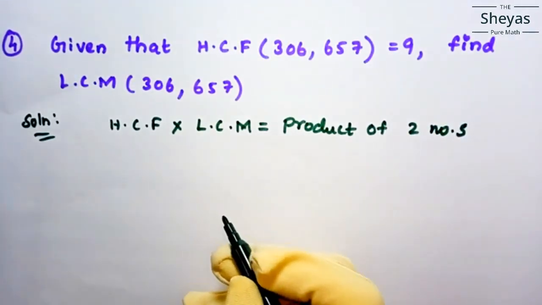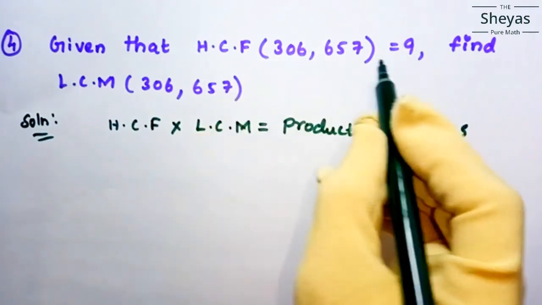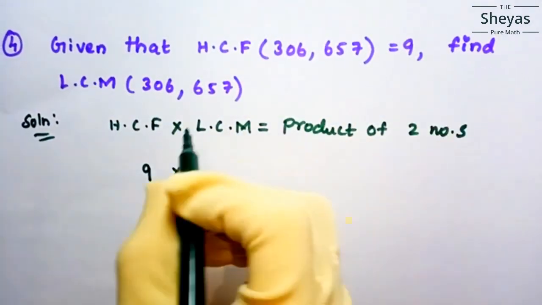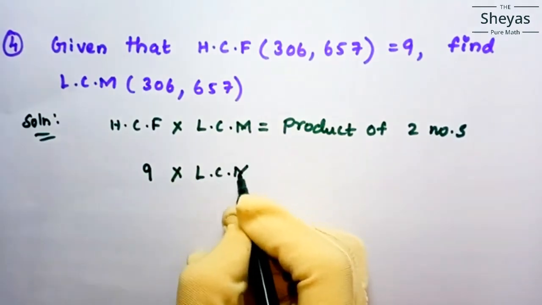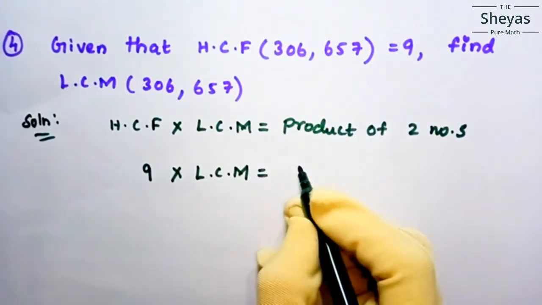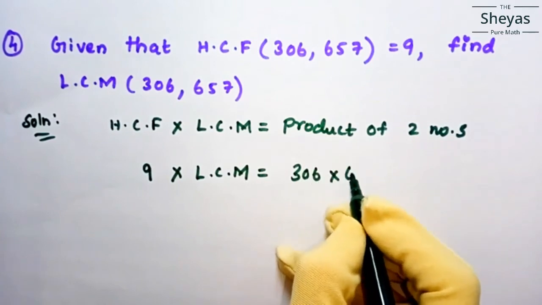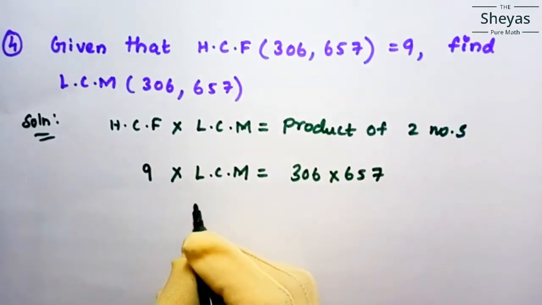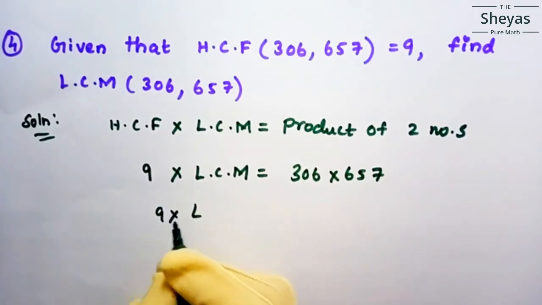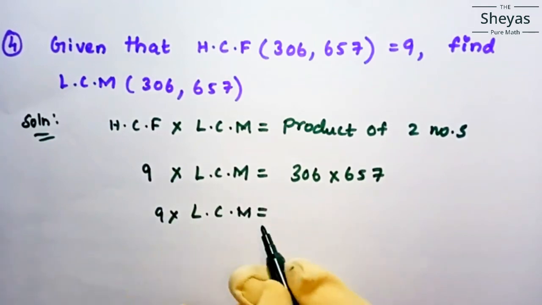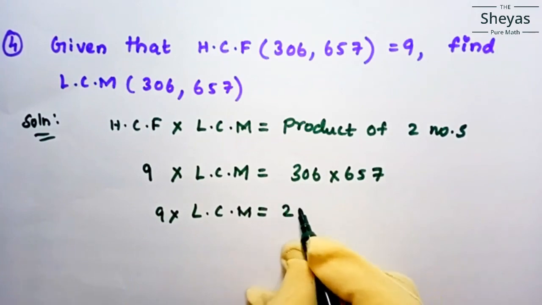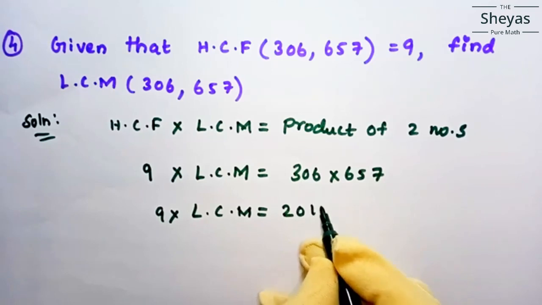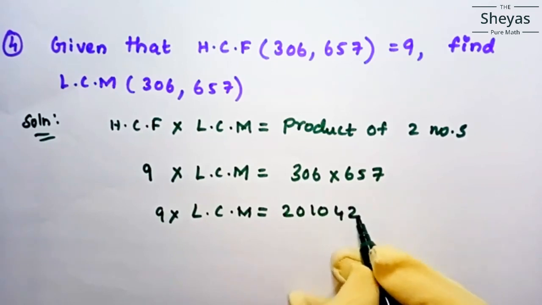According to the question, what is given? The HCF is given in the question, so write down 9. LCM is the thing you have to find, so write LCM as such. The two numbers are 306 and 657. So 9 into LCM is equal to 306 into 657, and when you multiply you get 201042.